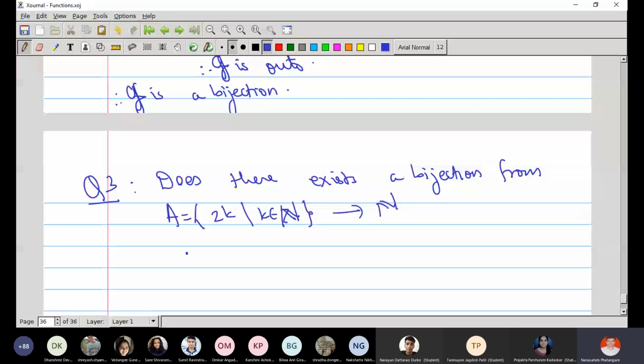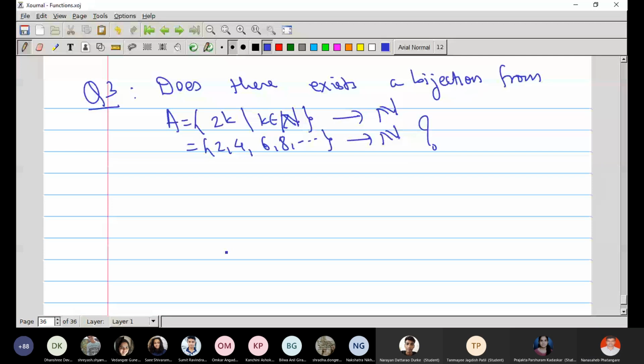A means 2, 4, 6, 8, and so on, all even numbers to natural numbers. Does there exist a bijection? Yes. So I can define a function phi from A to N.